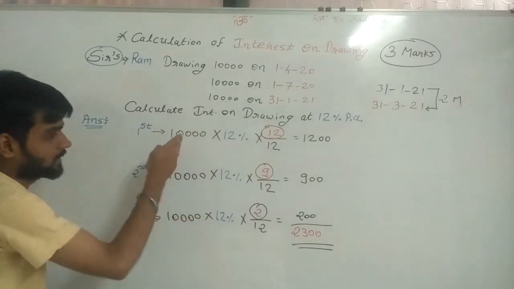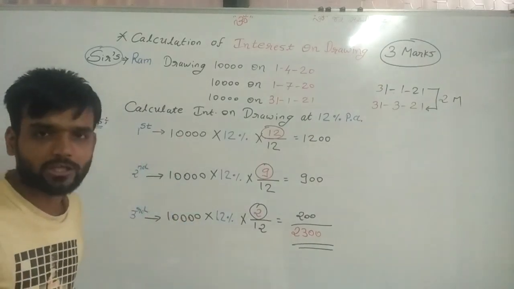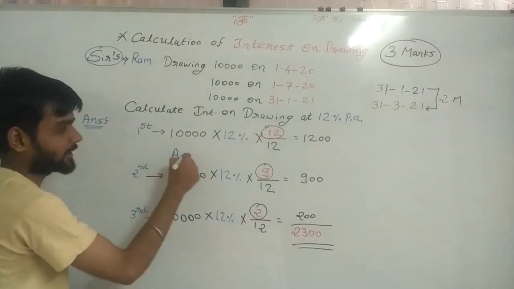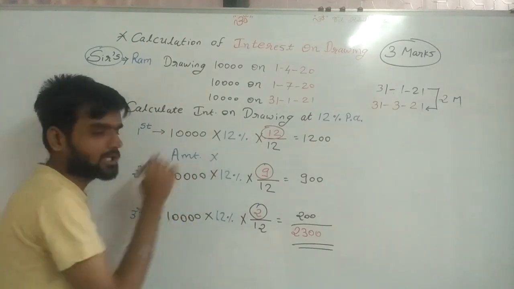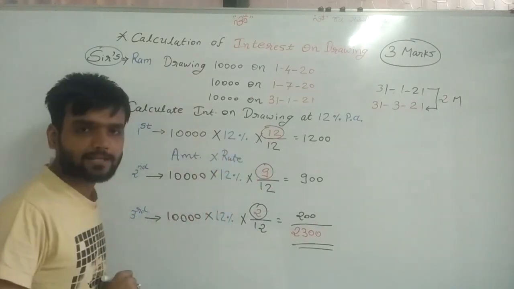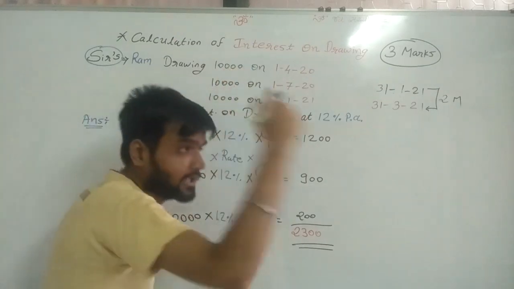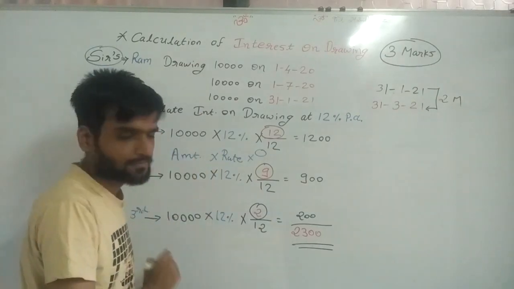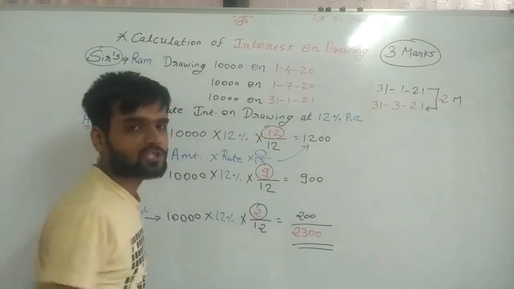First of all, 10,000 rupees is the drawing amount. Whenever we calculate interest, first we write the amount of drawing, then we multiply with the rate of interest, then we multiply with the number of months he has used that amount, and divide by 12, fixed. So we get the answer of interest.